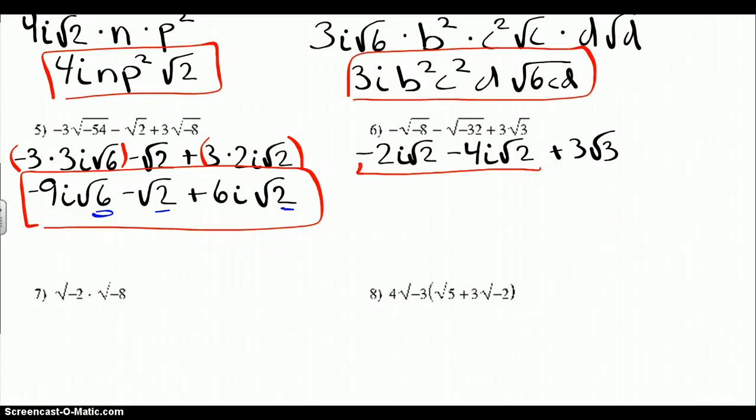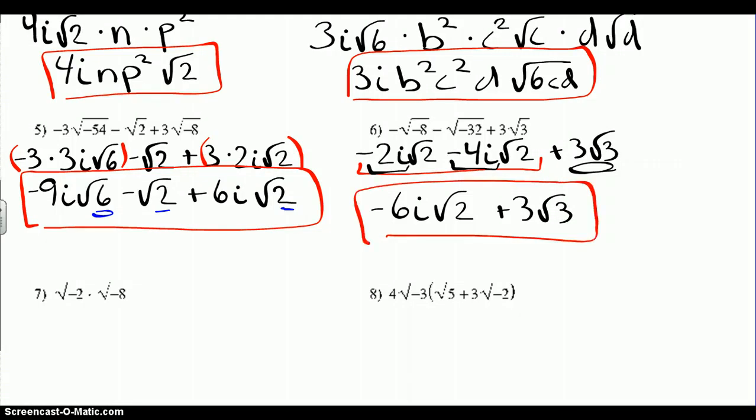These, in fact, are like terms, because they are both imaginary, and they both have a square root of 2. So I need to think about it as negative 2 minus 4i, which gives me negative 6i, and then the root 2 stays the same. And then this last term right here can't combine, so I get 3 root 3. And that's going to be my final answer.